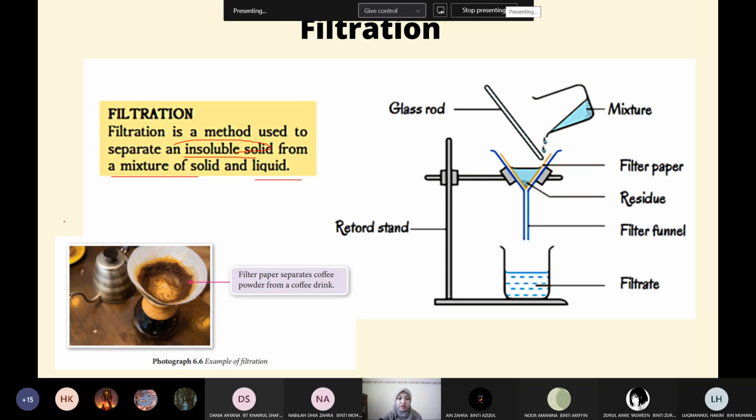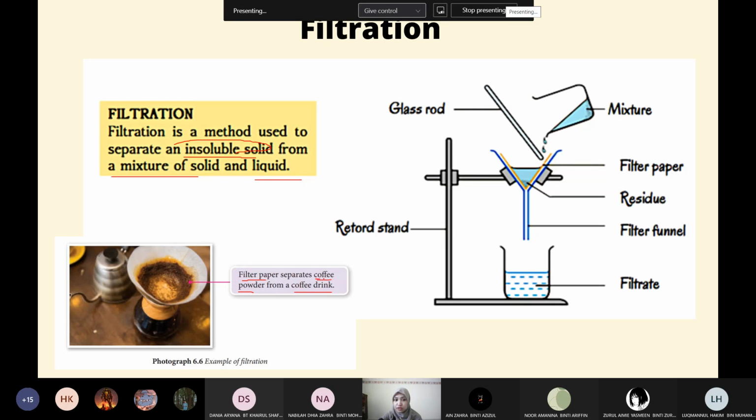So we have an example. As you can see here, photograph 6.6, examples of filtration. We use filter paper to separate coffee powder from a coffee drink.